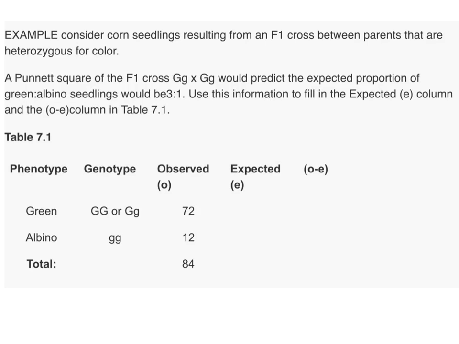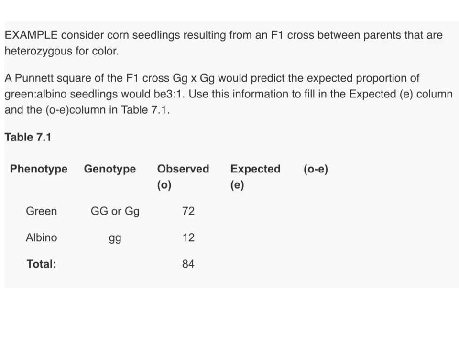And that's kind of like the null hypothesis in this case, because we're saying that green is dominant over albino because big G is green, right, and little g is not green. And I know that the big G is green because G is green, and you name it by the first letter of the dominant trait, right? So for this exercise, we're going to go ahead and fill in the expected.